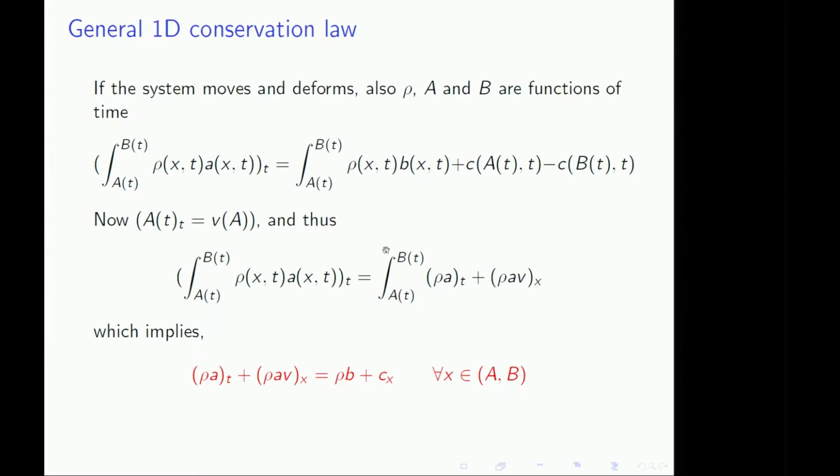So this is the term we learned about on the previous slide for the immobile system, and then for the moving system we have this extra term. So the general case for one-dimensional conservation law is like this. We have the pointwise rate of change, something related to the moving of the system, the source term, and the flow term.